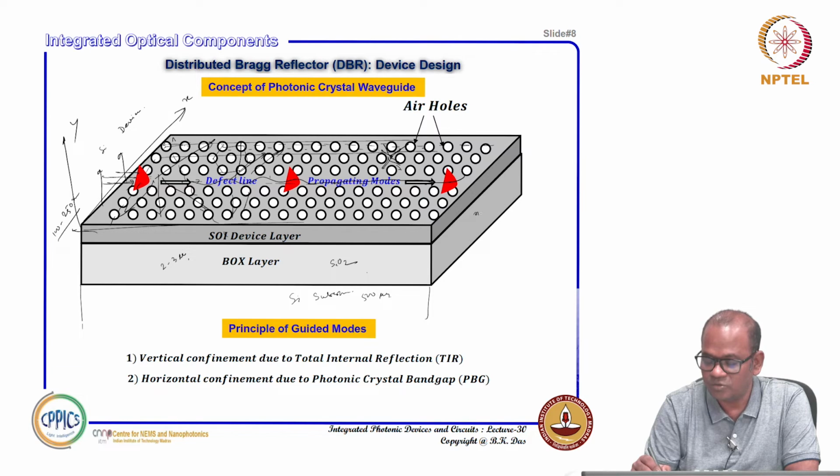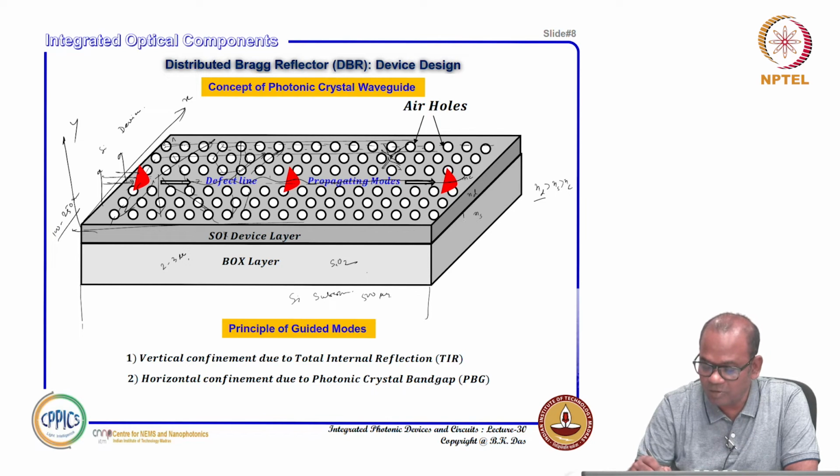This is your so-called substrate, this is the device, and this is the cover, so nD is greater than nS is greater than nC. So the vertical direction can satisfy total internal reflection because nD is greater than nS and nC, giving mode confinement by TIR, total internal reflection.